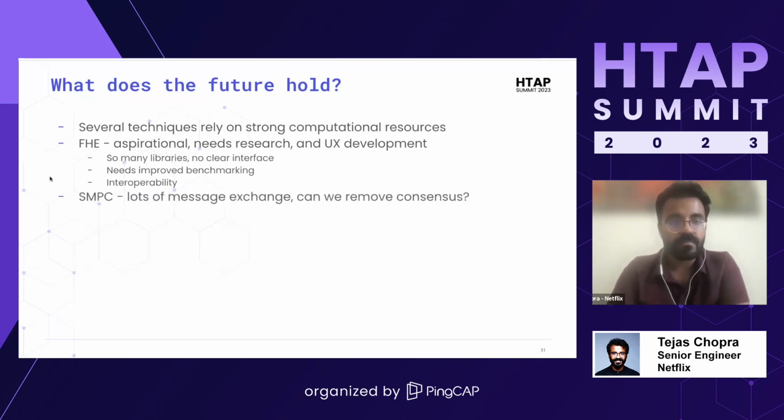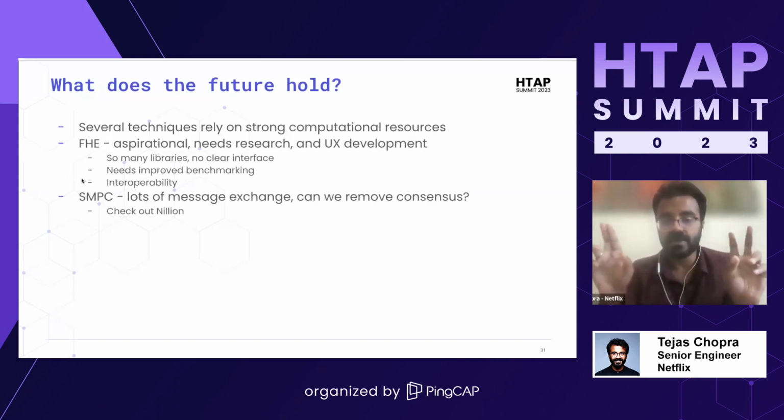For SMPC, as we discussed, it requires a lot of message exchange. Are there ways in which we can explore and remove these message exchanges? This is what a company called Nillion is doing. You should check that out. What they claim is you can do secure multi-party computation without all the parties talking to each other.